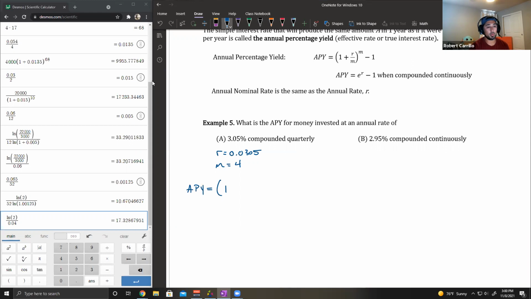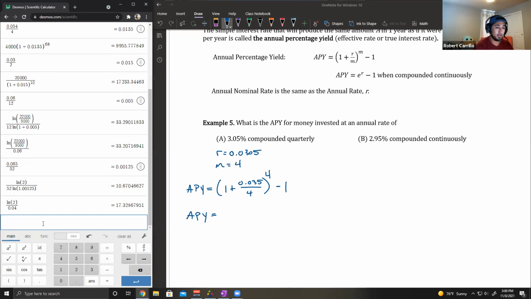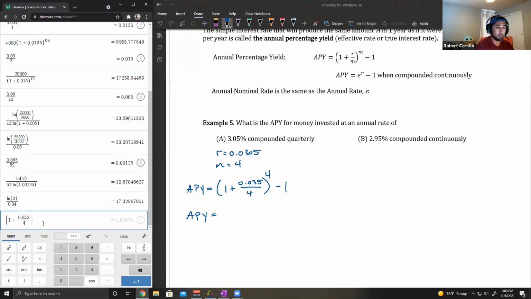APY is 1 plus your rate, 0.0305 over your compoundings, all raised to the number of compoundings, minus 1. So let's see what the true interest rate is on this 3.05% rate compounded quarterly. So parentheses 1 plus 0.0305 over 4, all raised to the 4th, minus 1.